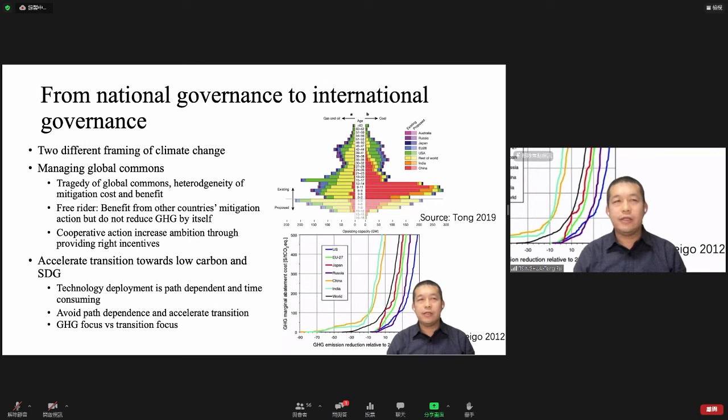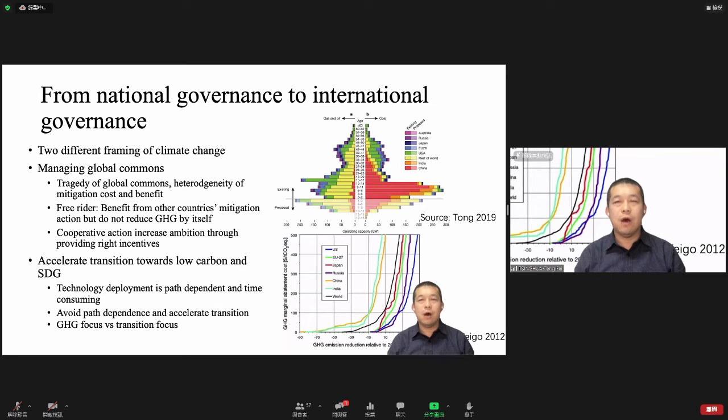Because technology deployment is very path dependent, and replacing old technology is time consuming. For example, electricity power generation units have a 30 year lifetime. And once the power plant is built, it's very difficult to change it. So we need to avoid path dependence and accelerate the transition. And that is the argument of this frame.